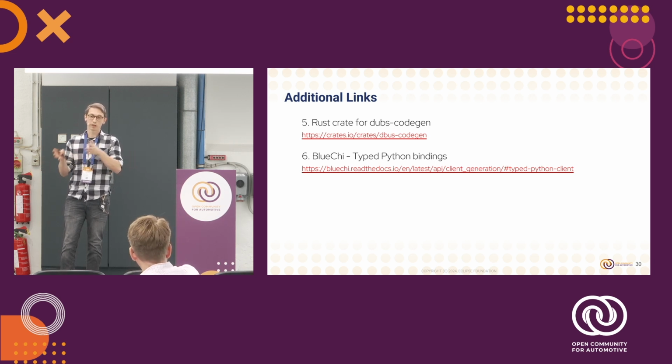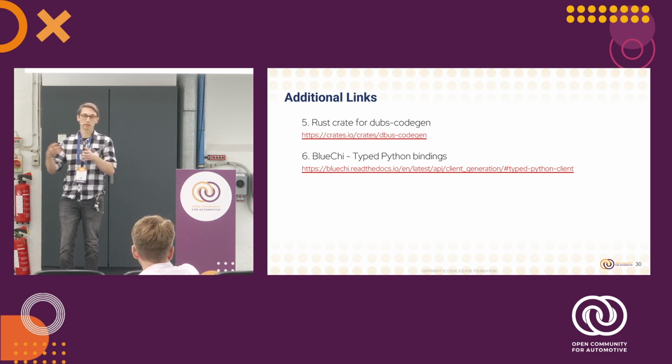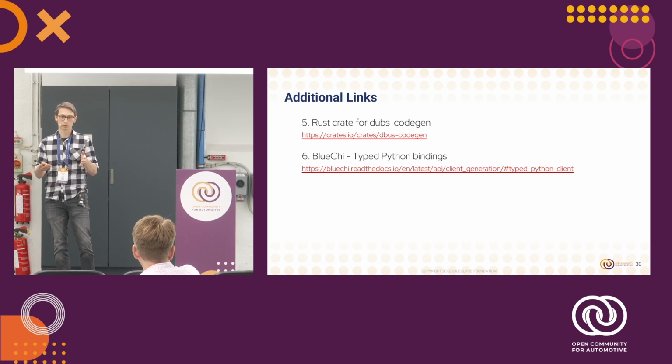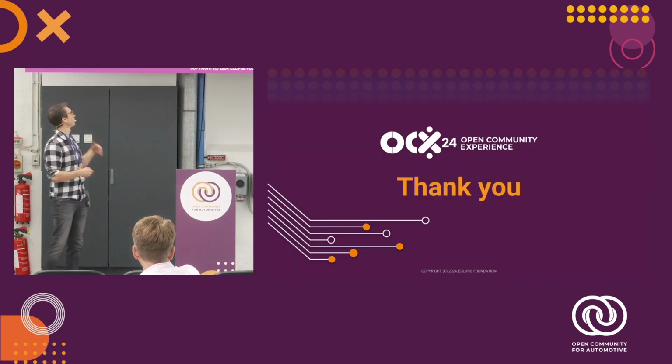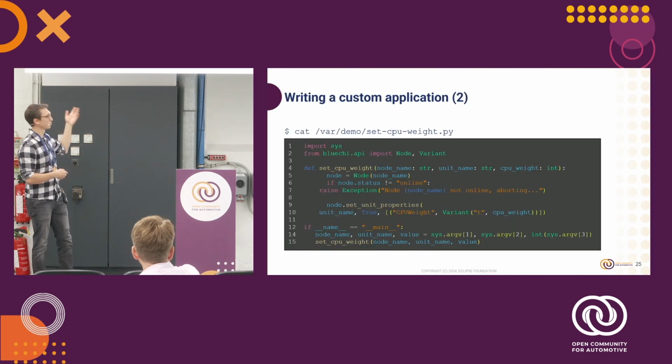So you want to have the dbus specification in your development lifecycle somehow, generating then the code stubs for you. So you don't need to take care of the dbus or so. This is done by this code generation library, and you can just use it similar to my snippet here.